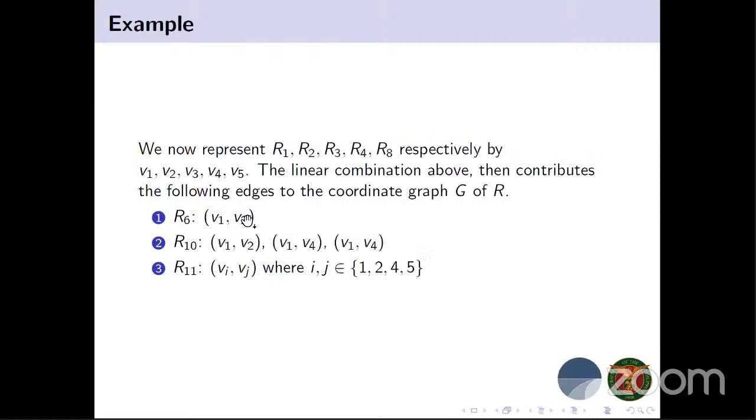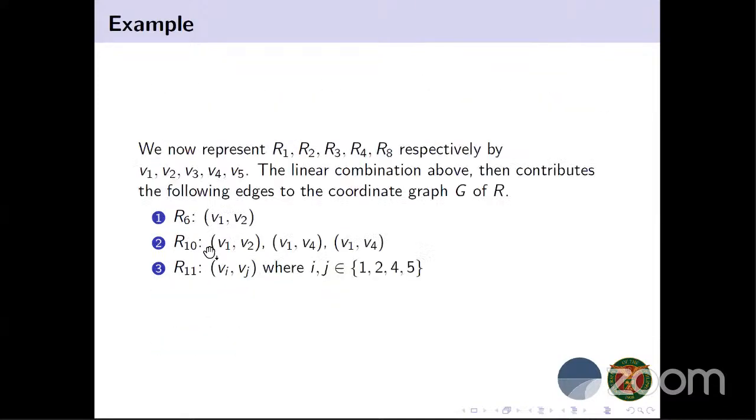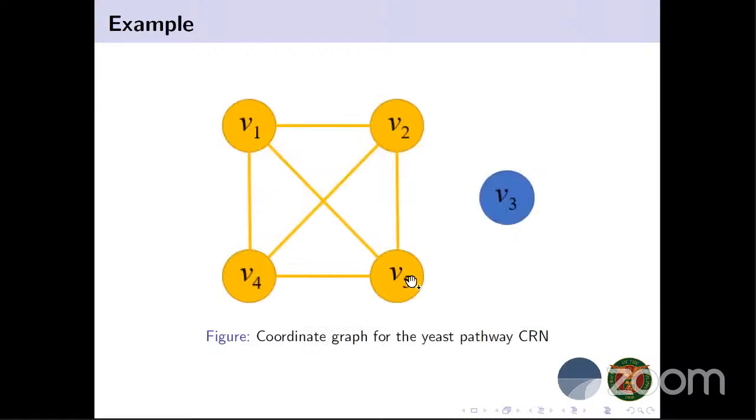So we have V1, V2 as an edge. And then for R10, you have the following, and then you have this as an edge. And then for R11, Vi, Vj, we have i, j as 1, 2, 4, 5 as the indices. And this is the coordinate graph for our example, the yeast fermentation pathway CRN.